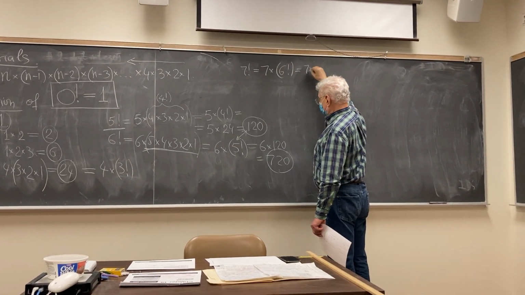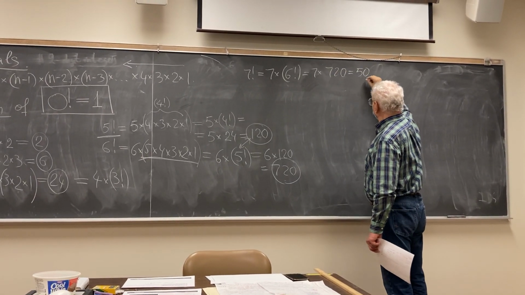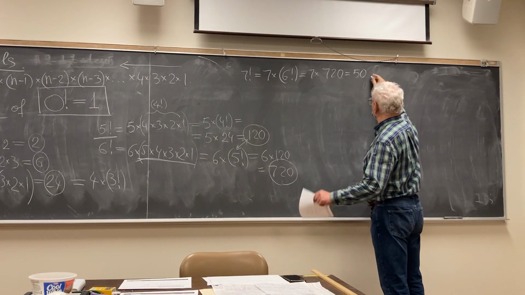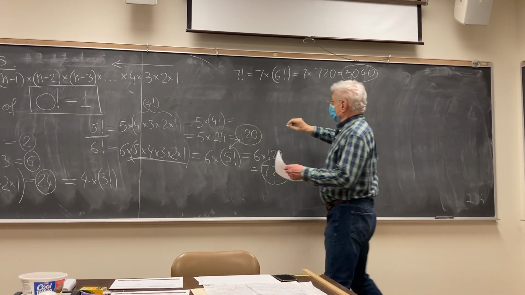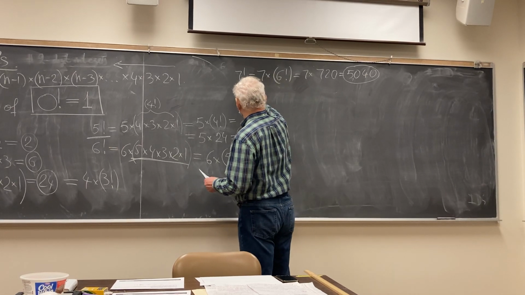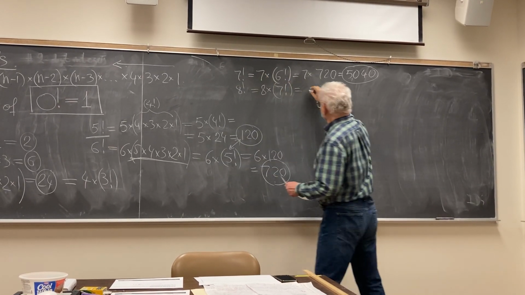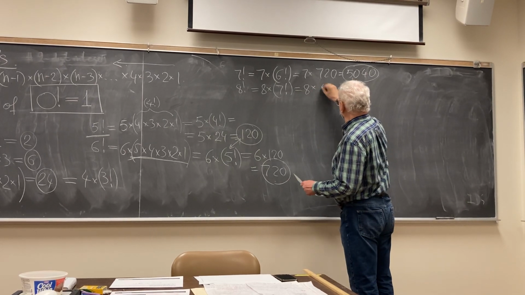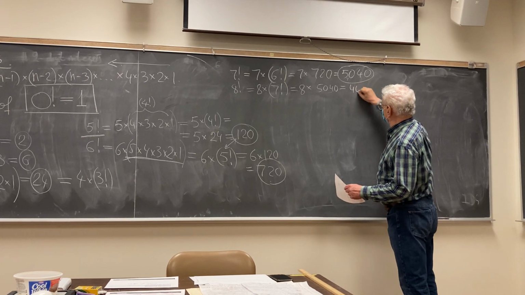It's 7 times 720, and the answer is 5040. Okay, 8 factorial is 8 times 7 factorial, which is 8 times 5040.